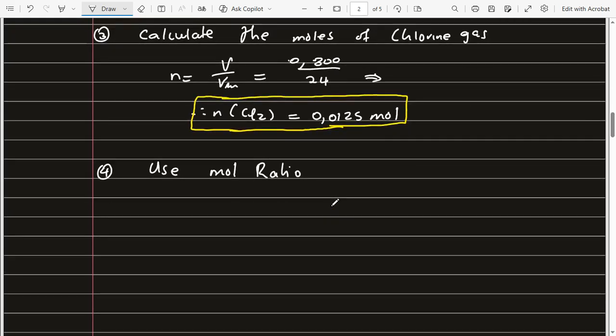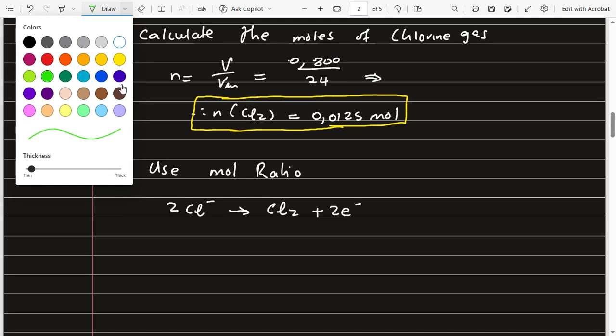So if I have 2Cl minus, and we said this forms Cl2 plus 2 electrons, what will be the ratio in this? According to your own understanding, what will be the ratio?